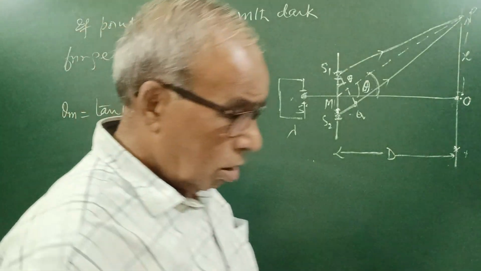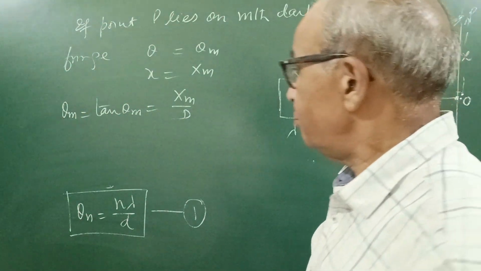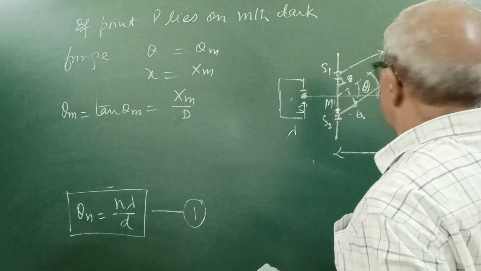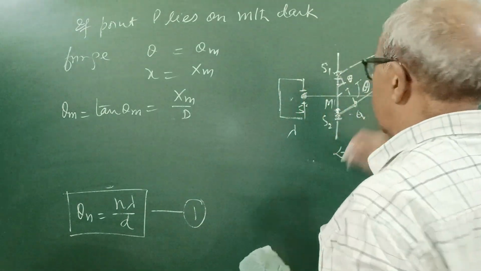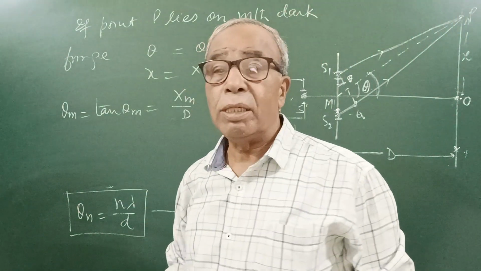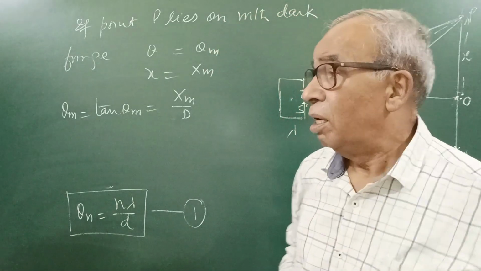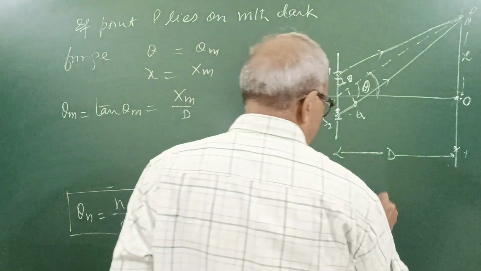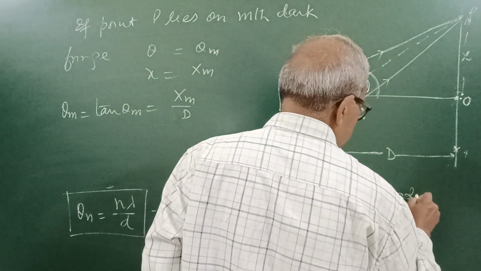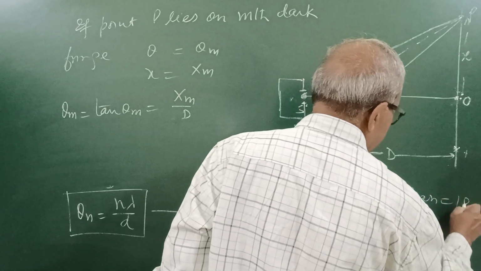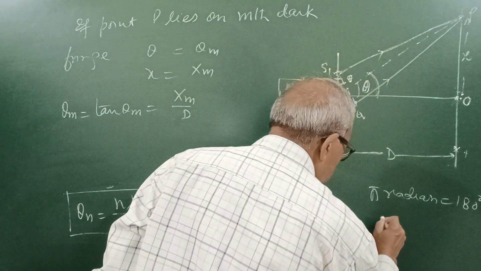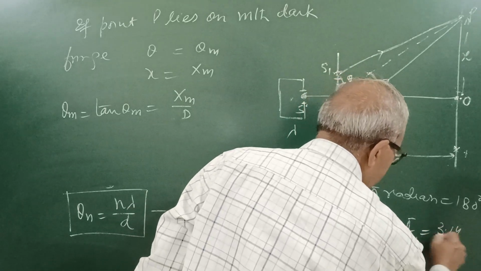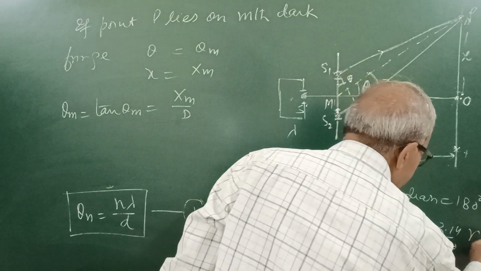Basically, I forgot to tell you here, when we use theta m directly, xm in meters, D in meters or centimeters, then the angle comes in radian. And I have told you many times that pi radian is equal to 180 degrees, and hence 1 degree is equal to pi upon 180, 3.14 upon 180 radian.